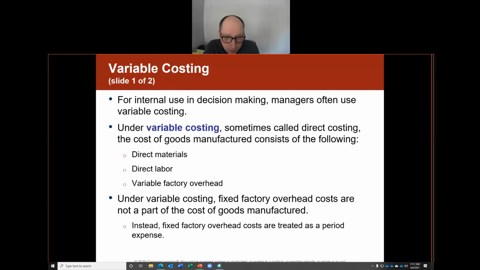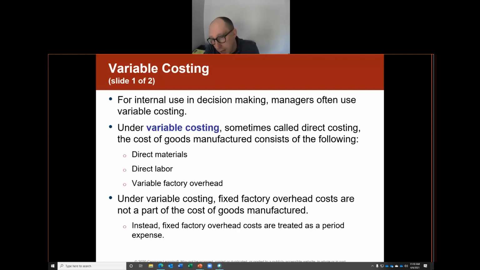And to do that, one of the best ways is to separate out our variable from our fixed costs. Variable costs in cost of goods sold and cost of goods manufactured include direct materials, direct labor, and variable factory overhead.